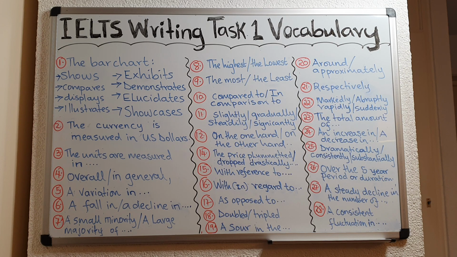And this vocabulary is going to help you to explain the data that is provided to you in the chart that you receive. Whether it is a bar chart, whether it is a line graph, whether it is a pie chart, and so forth. Now, let's begin with the first one.